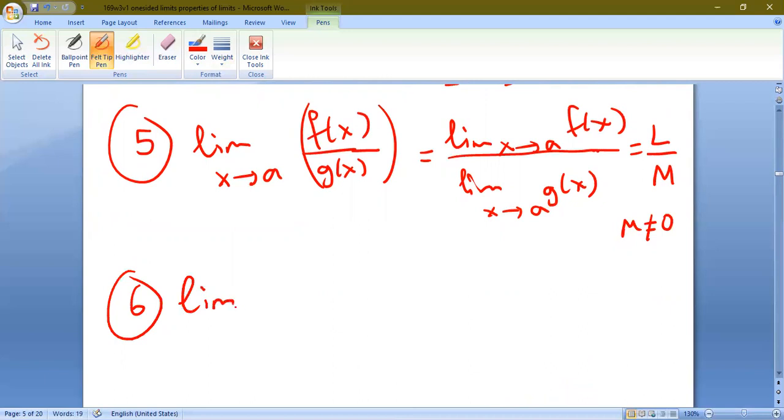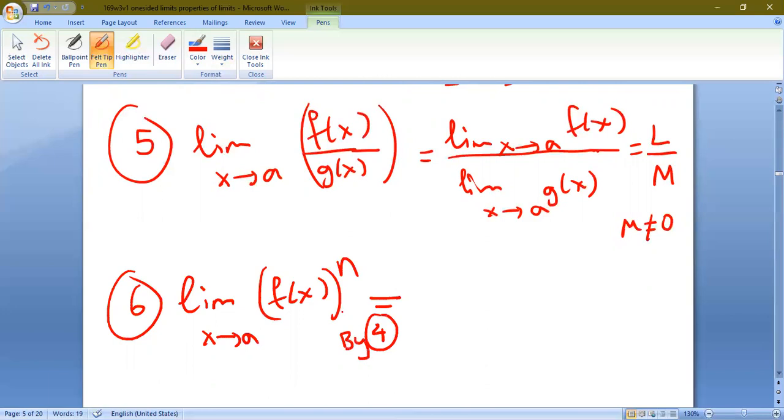If we have the nth power of f, then we can use property 5, or property 4. We can multiply f n times by itself, then it's going to give us the nth power of the limit as x goes to a.